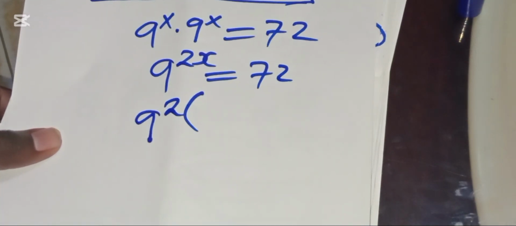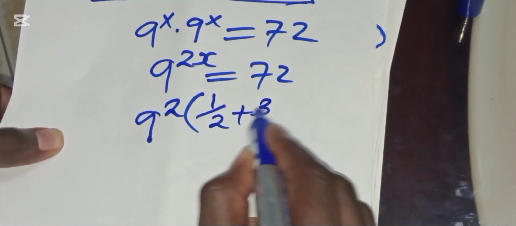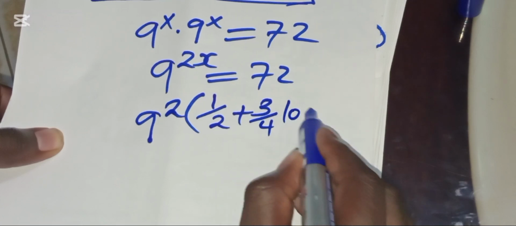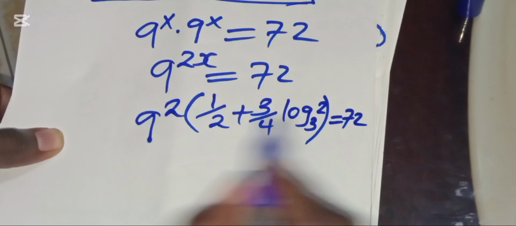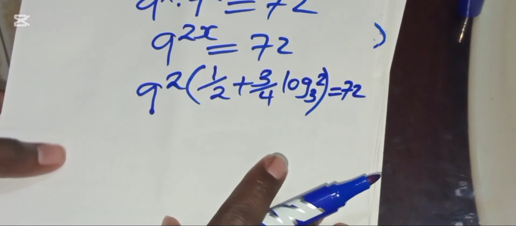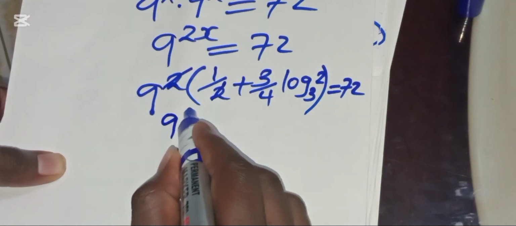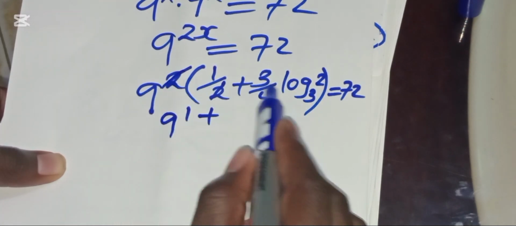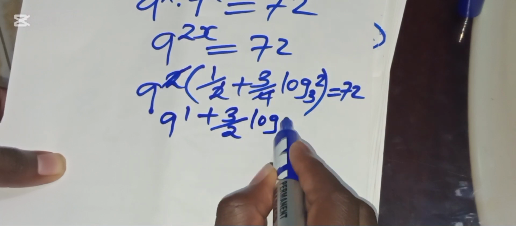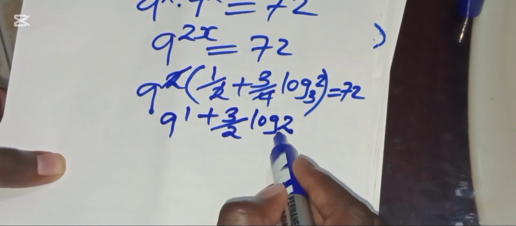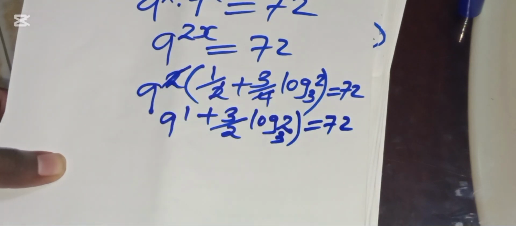Substituting the value of x, we'll have 9 to power 2 times the parentheses half plus 3 over 4 log 2 to base 3. You can see here, 2 and 2 simplify, so that we have 9 to power 1 plus 3 over 2 log 2 to base 3, which should give us 72.